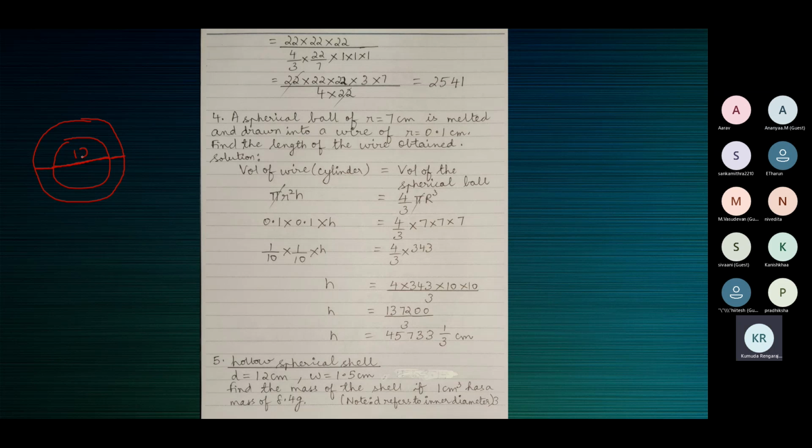Let's just do it like this. The inner diameter is 12, correct? The thickness here is 1.5. Add and tell me the outer diameter.